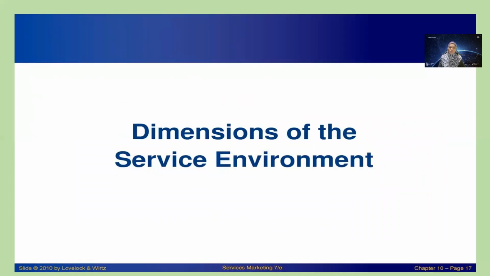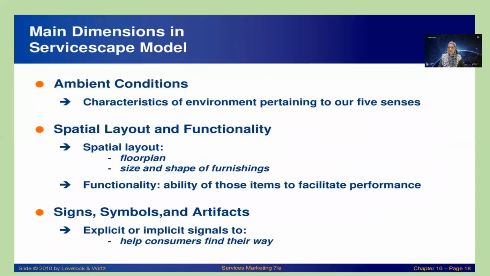Now we move to dimensions of the service environment. The main dimensions in the servicescape model, first, ambient conditions. Ambient conditions are characteristics of the environment pertaining to our five senses. How we look at it, how we smell the environment.